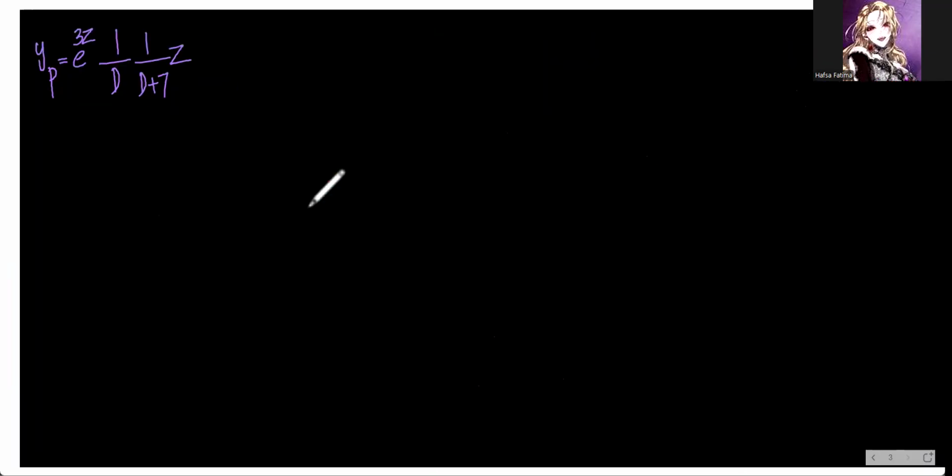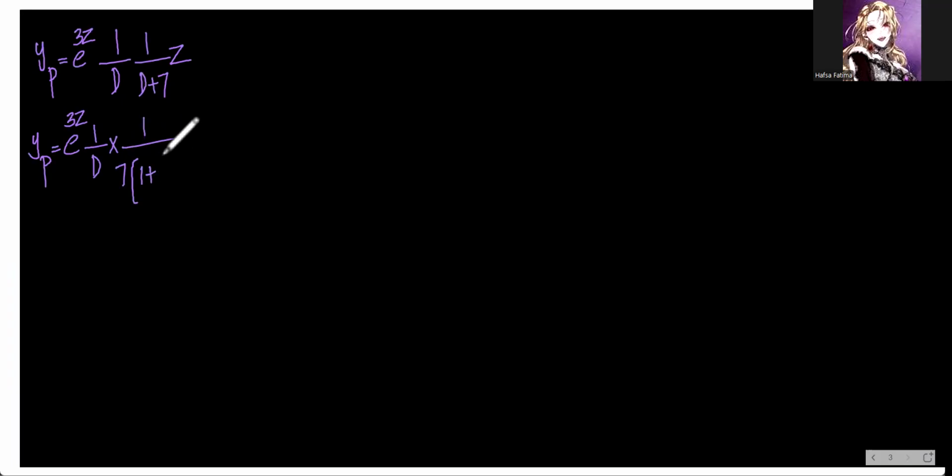Now from this one, if you simplify, we have to take the lowest degree common. This is method 3. This is yp is equal to e power 3z into 1 by d. According to method 3, we have to take the lowest degree common, 7 common.